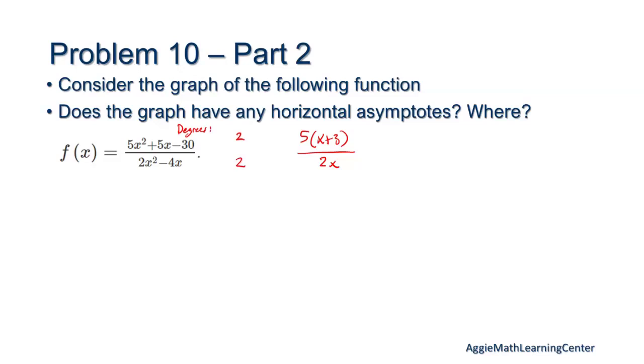And this is the same in the reduced or our original. So if we look at that, we know that we have a horizontal asymptote at y equals 5/2. Any questions with that? Okay.